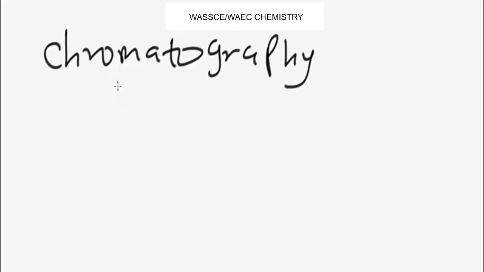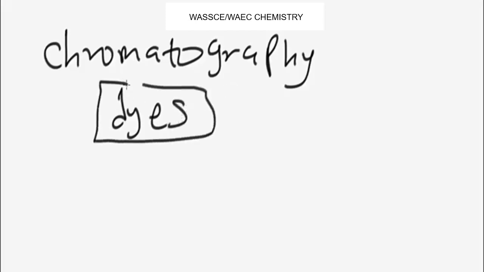This is a technique that can be used to separate different dyes in an ink. So basically, chromatography is a separating technique used to separate different dyes in an ink. The keyword here is dyes. This is what you have to know about chromatography as a separating technique.